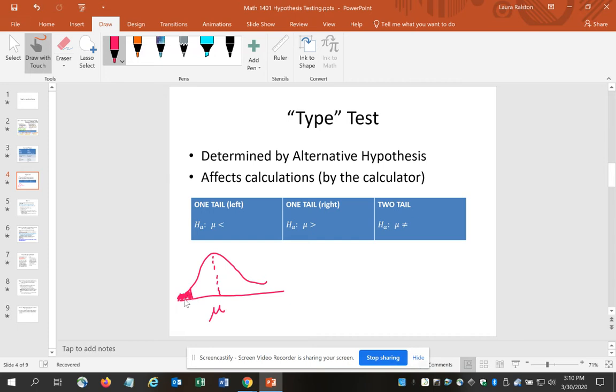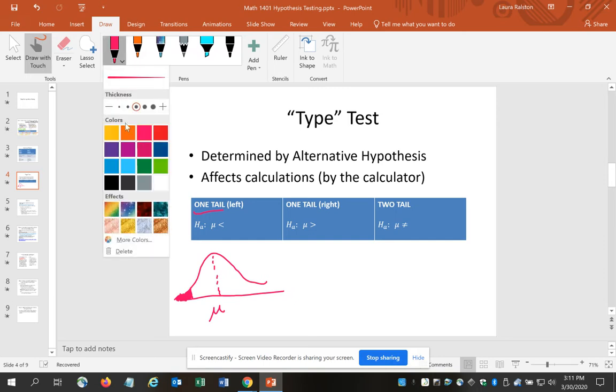So I would have this region over here where we would have an area where we can make the distinction between whether our hypothesis is good or bad. And it's on the left-hand side, and we only have one option. Hence, the term one tail, because I only have one option. It has to be less than. It's sometimes referred to as the left tail test because that cutoff is on the left-hand side.